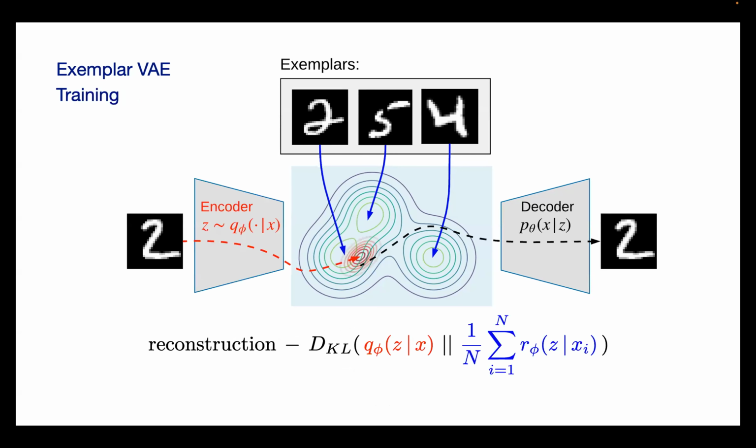And then the way the model is trained is with an evidence lower bound, except rather than the usual Gaussian prior in the latent space within the KL term of the ELBO, we just have this large Parzen window or kernel density estimator as the prior.